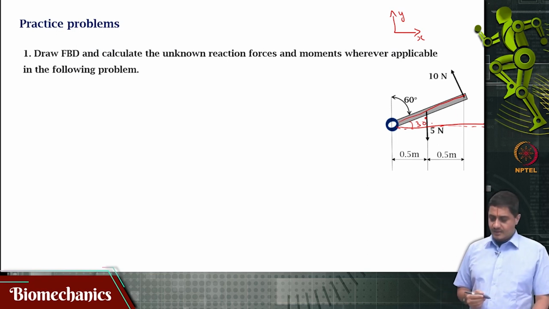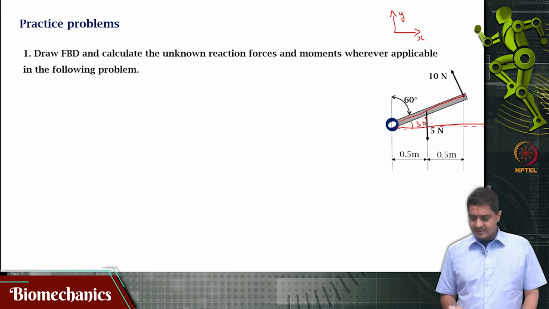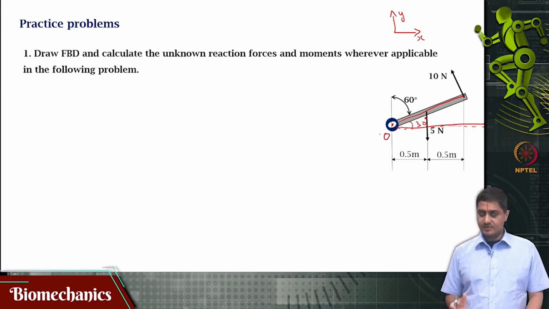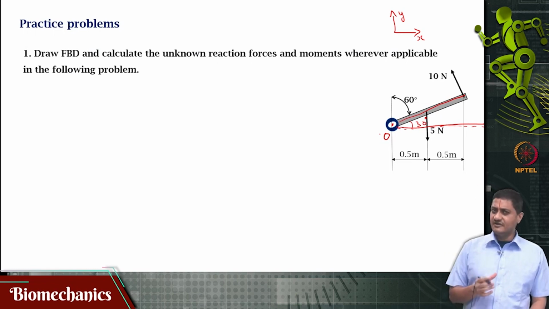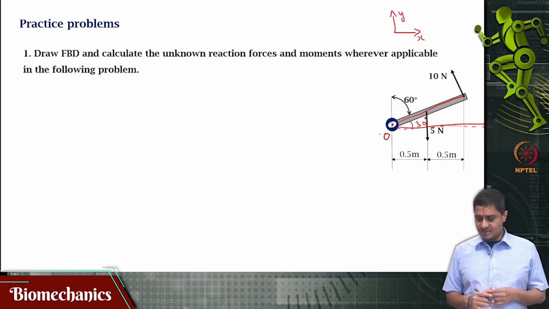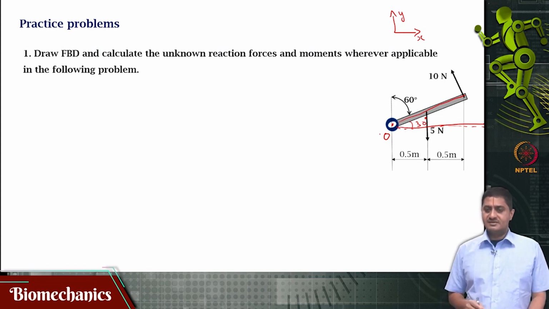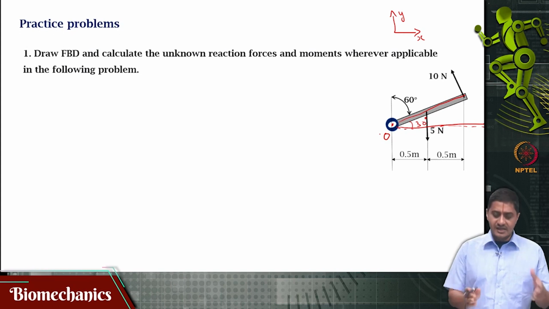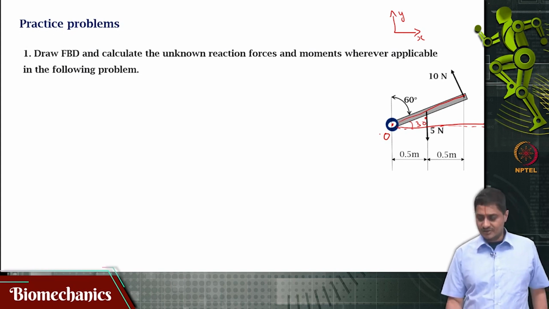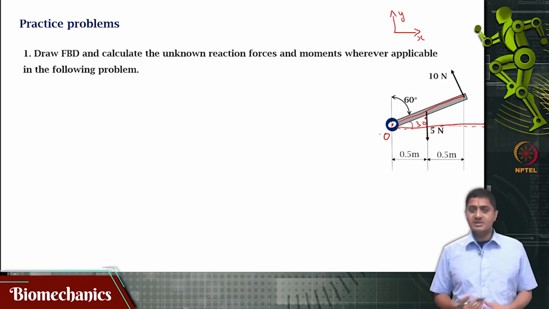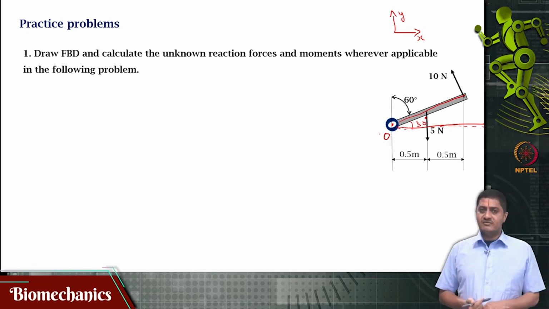Now, it turns out that this bar can rotate about this point. This is not given to you already, it is not mentioned in the problem, but from the way this diagram is drawn, we presume that the bar can rotate about O. That means this bar will have how many degrees of freedom?